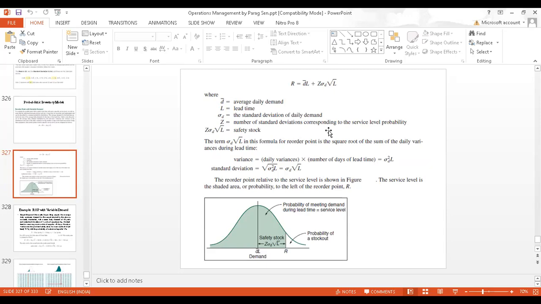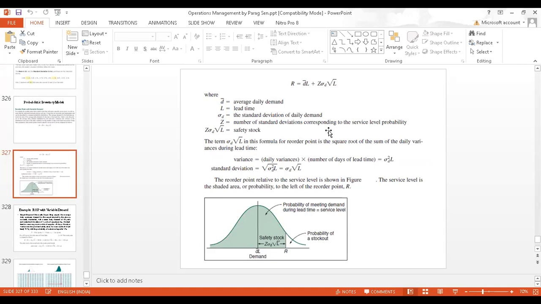25 is the variance. When you move from standard deviation to variance, you go back to the original unit of the item. So you can understand that the daily variation is 25 items.